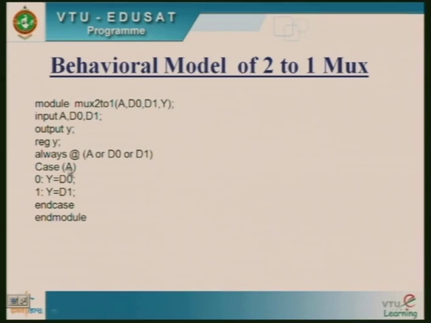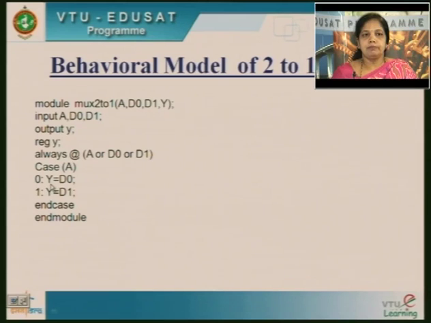So case statement followed by A. If my A changes, if my A is 0, then my output will be D0. The case statement here takes either 0 or 1 for the variable A, so that's why I have given A in the bracket. So as you use the switch case statement in C language, here if it is 1, then Y will be D1.